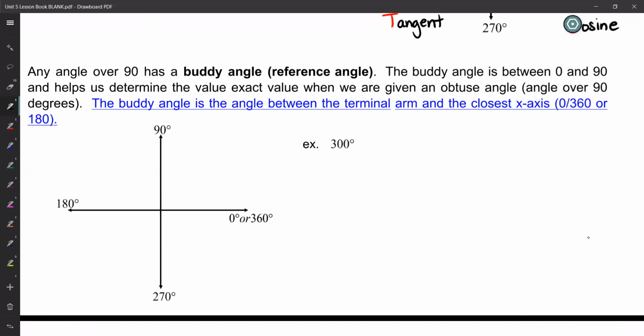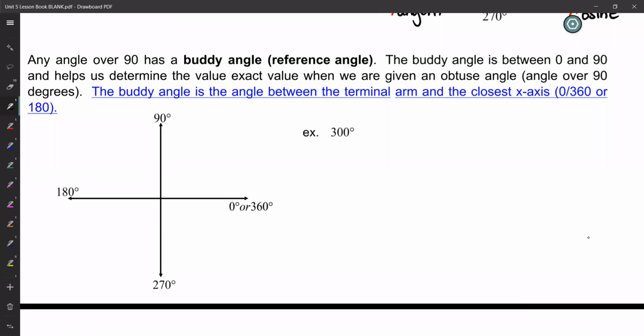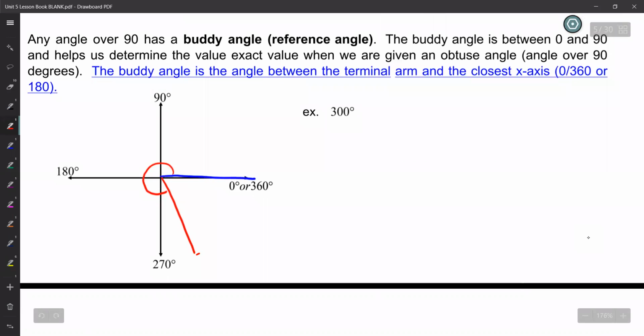So as an example, we're going to use 300. Firstly, I want to draw 300 in its approximate rotation position. If I start at the initial arm here at 0 and I rotate counterclockwise to 300, 300 should be about 30 degrees past 270. So 300 will rotate about here, let's say. Okay, so this will be about 300 degrees.